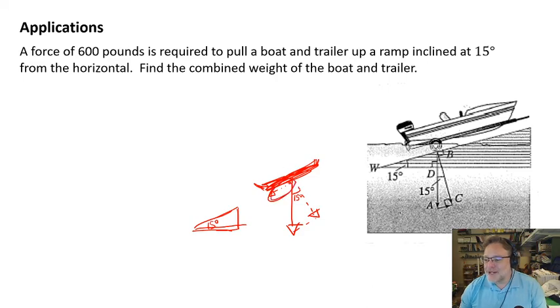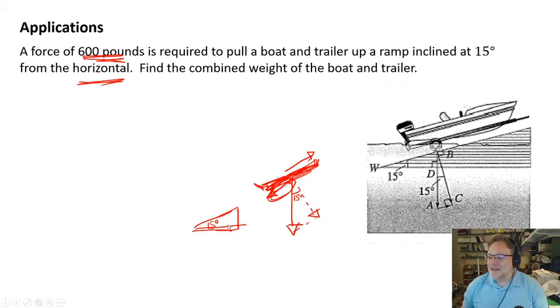This is the force needed to overcome this force right in here. So that's just that component of this vector. So we've got to use that to find out what this larger vector is. It's going to definitely be larger than 600 pounds. I should have underlined that instead of horizontal. It's going to be larger than 600 pounds. But just how much larger, we've got to find out using trigonometry here.